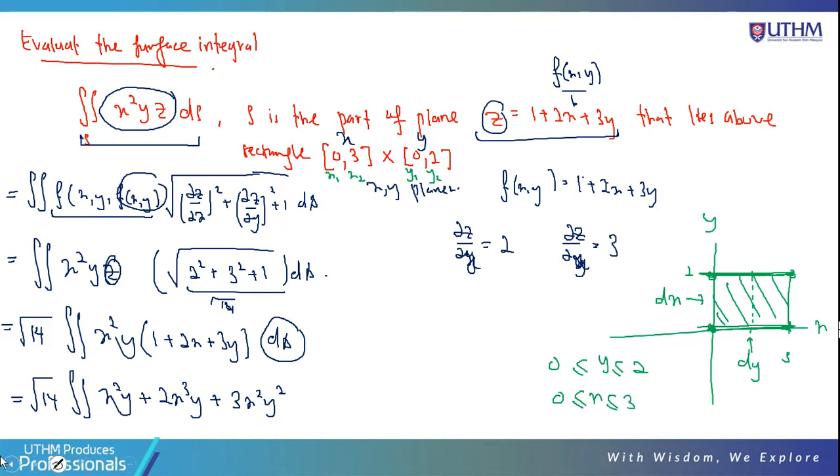So you get dy dx, with y from 0 to 2 and x from 0 to 3. You solve this and you get the answer, 171 root 14. This is the final answer for this question.